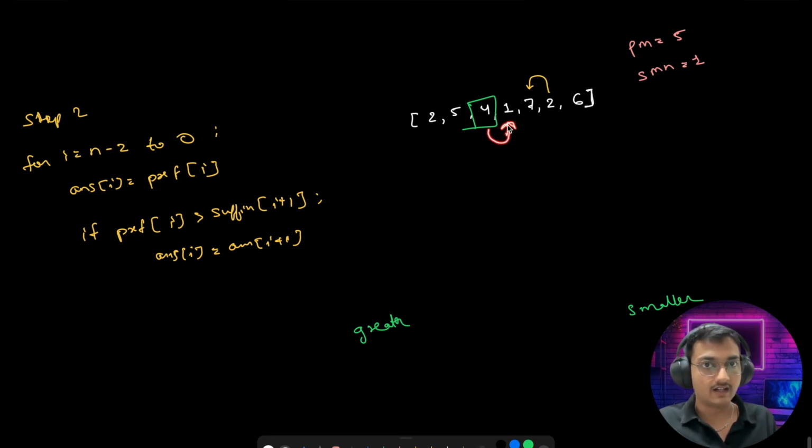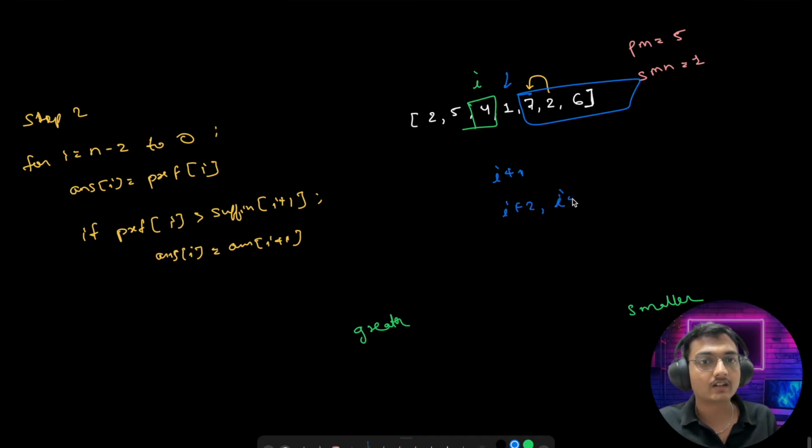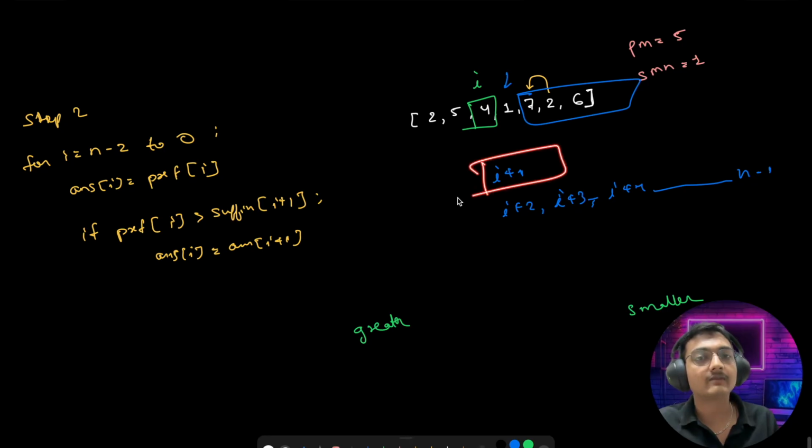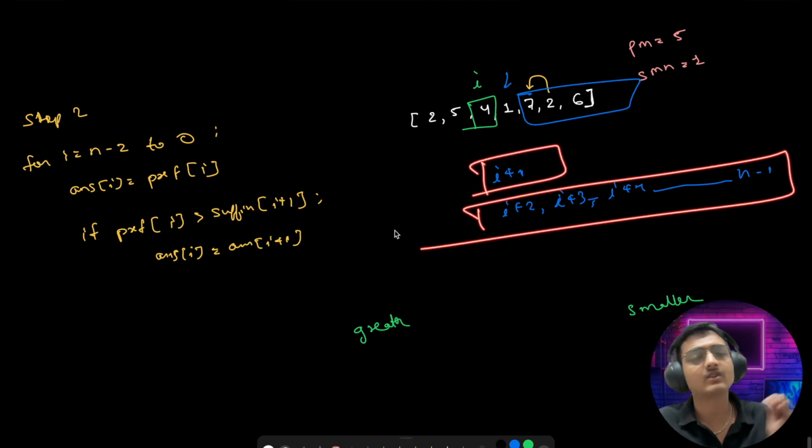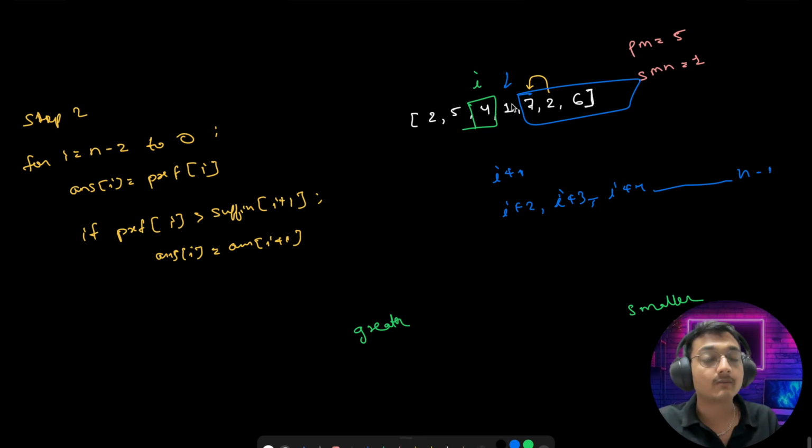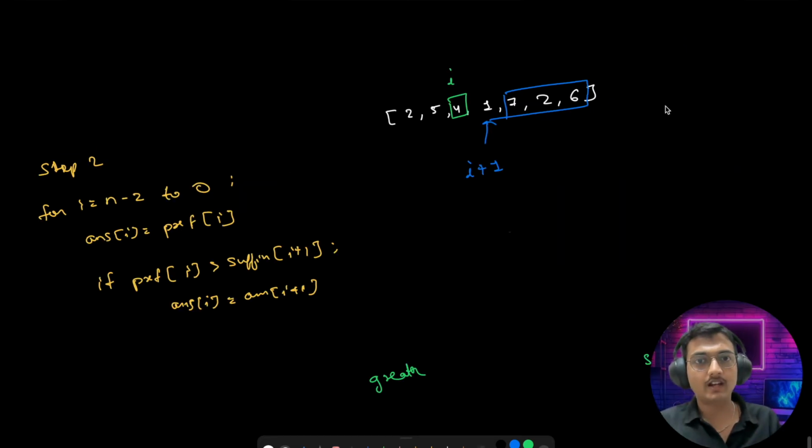This is my current I. The suffix can be at two places: at I plus 1, that means at this place, or at I plus 2, I plus 3, I plus 4, or anywhere till n minus 1. Either it will be here. What is the minimum element? The suffix at I plus 1. So I am just trying to find the index of this suffix, I plus 1. I hope that part is clear.